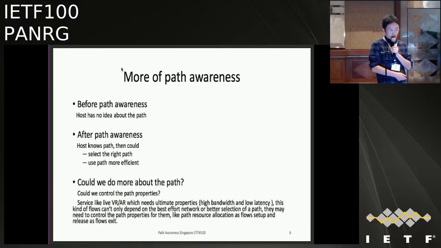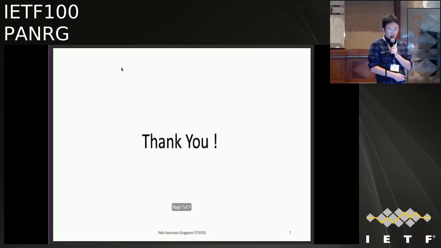We have this idea because we found services like Live via AR, which need ultimate properties, like very high bandwidth and low latency. This kind of flow cannot only depend on the best effort network or better selection of a path. They may need to control the path properties for them, like path resource allocation as the flow sets up and release as the flow exits. So that's it. Thank you.